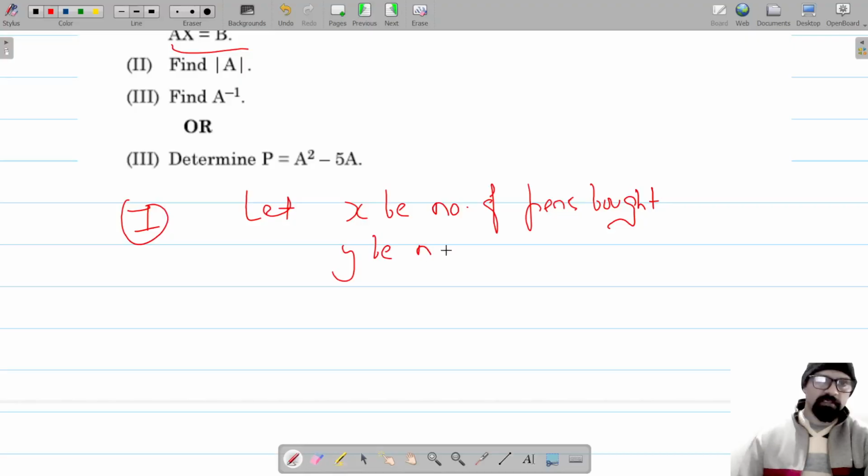So y, let's say total number of bags bought by each candidate, and z be the number of instrument boxes total.